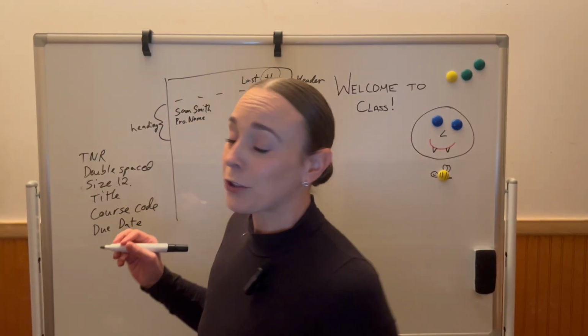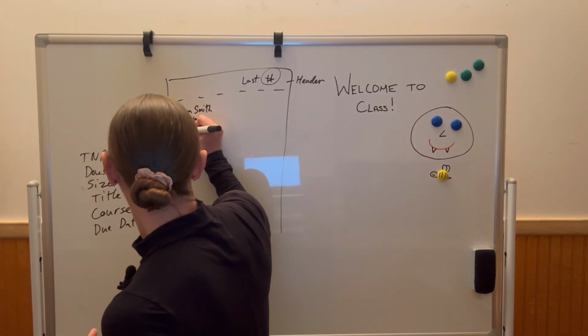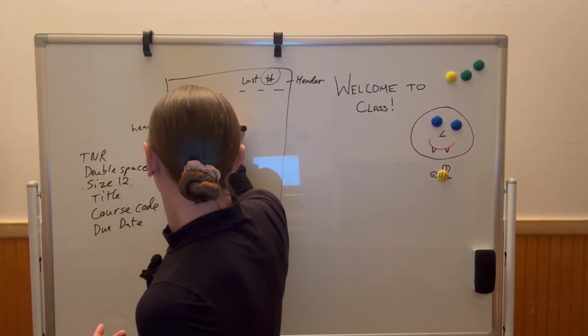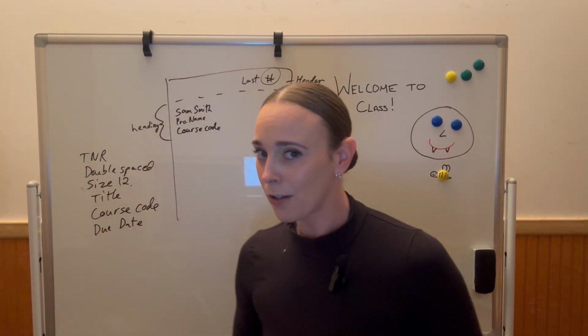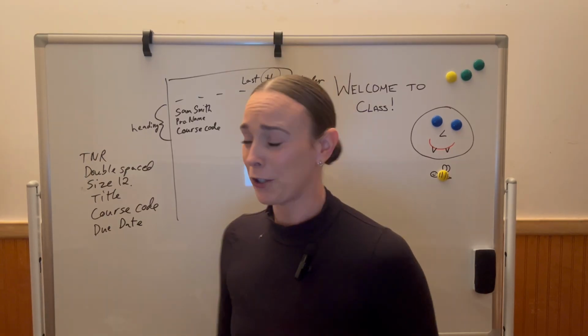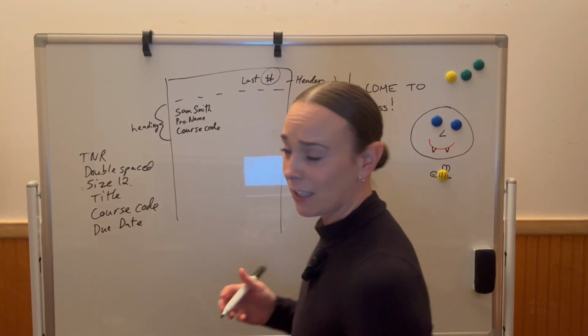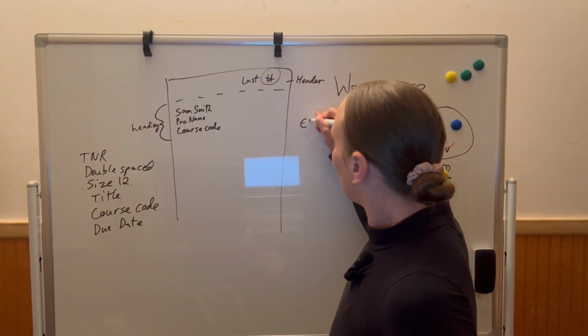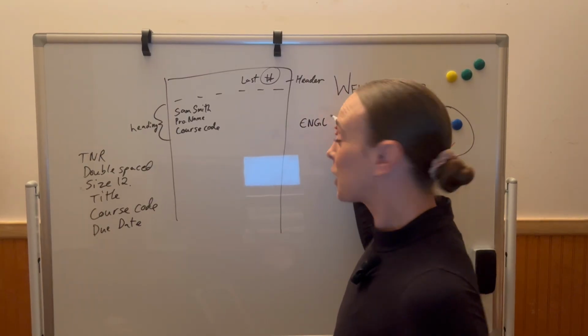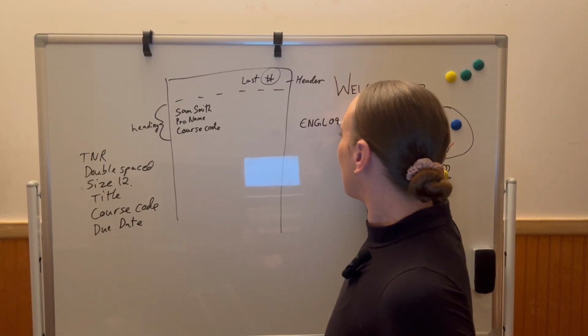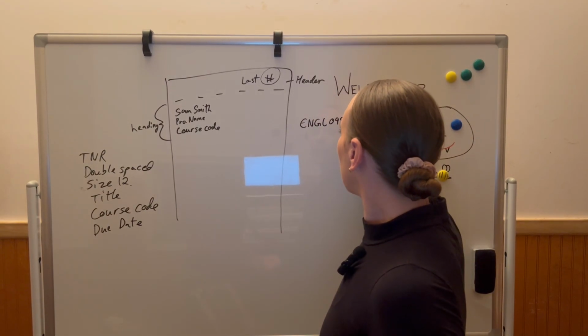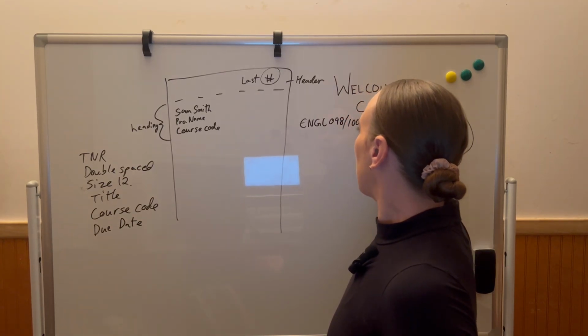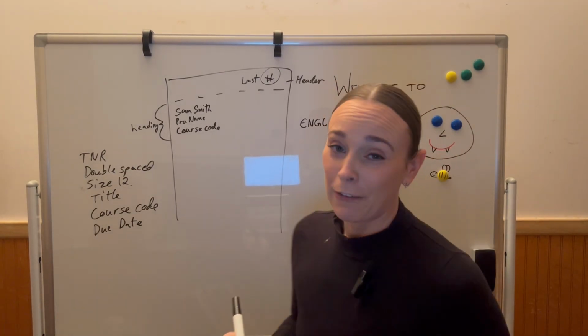The next thing you want is your course code. Now with your course code, that could change depending on what you're doing. So for a lot of my TC3 classes, it would be ENGL for English. It might be 098, it might be 100, might be 101, or any kind of variation of that.